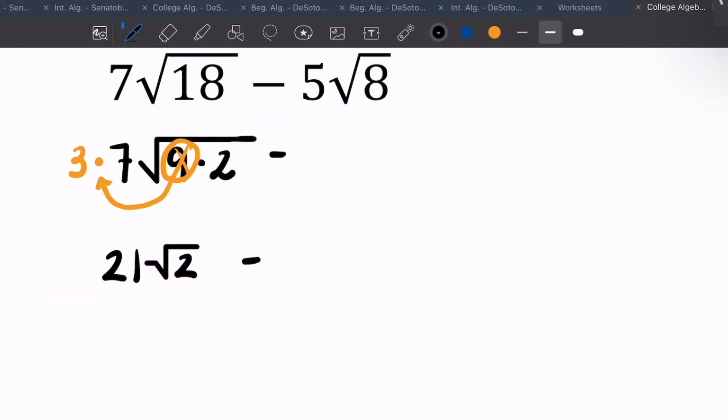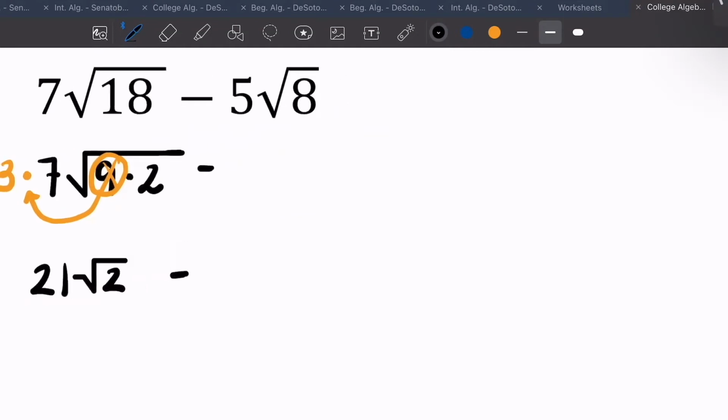All right, let's work with 5 on the square root of 8. You have your 5 stays and you have the square root. And I need to multiply the factors of 8. So I have 1 and 8 and 4 and 2. Well, 4 and 2 help you out because of 4. So you have 4 here. That gives you 2. Right?